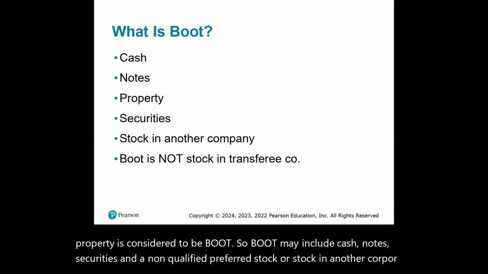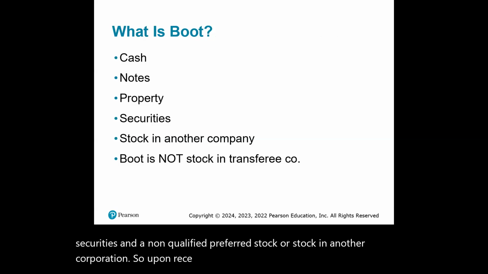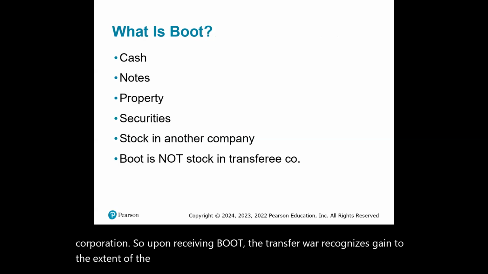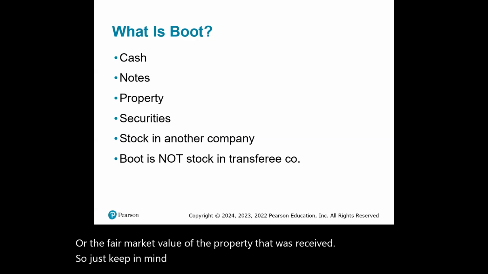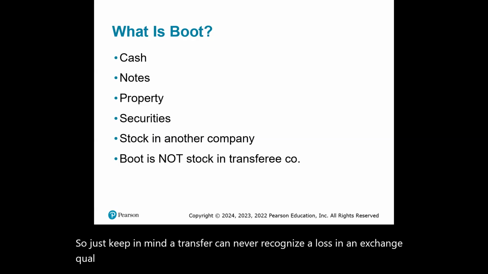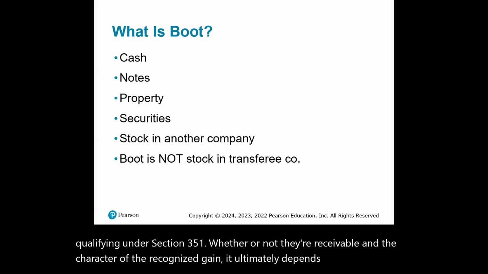Upon receiving boot, the transferor recognizes gain to the extent of the lesser of the transferor's realized gain or the fair market value of the boot received. Just keep in mind that a transferor can never recognize a loss in an exchange qualifying under section 351, whether or not boot is received.